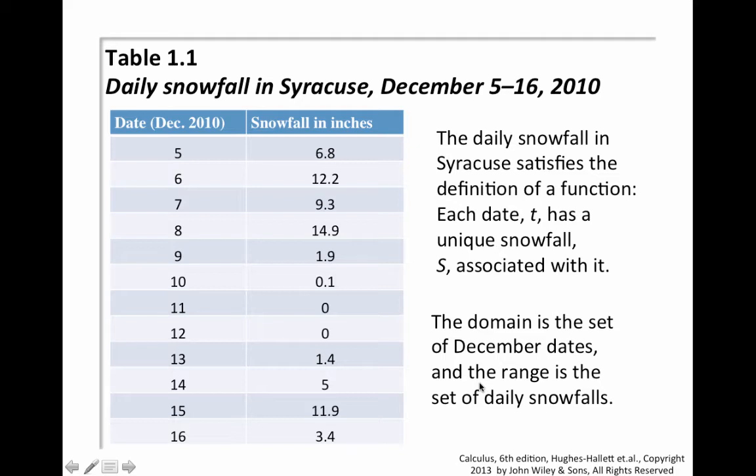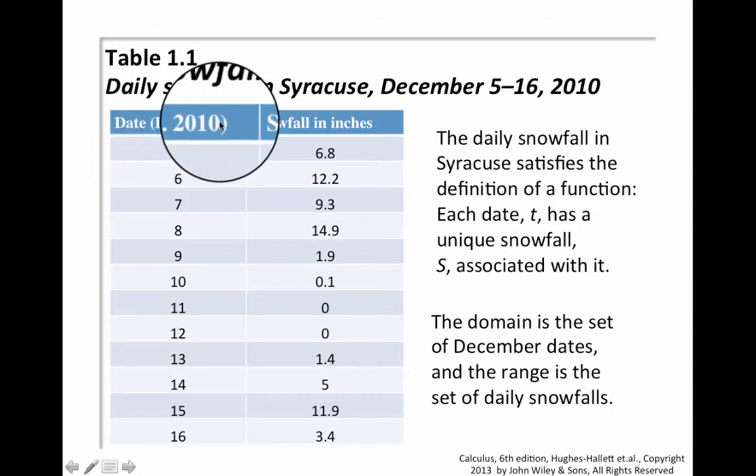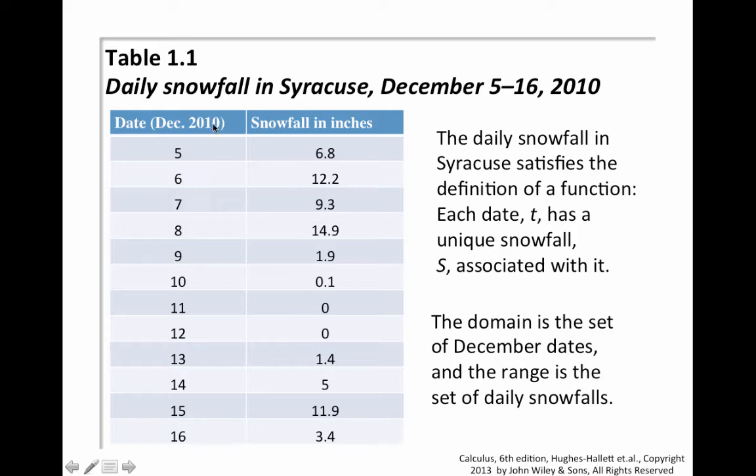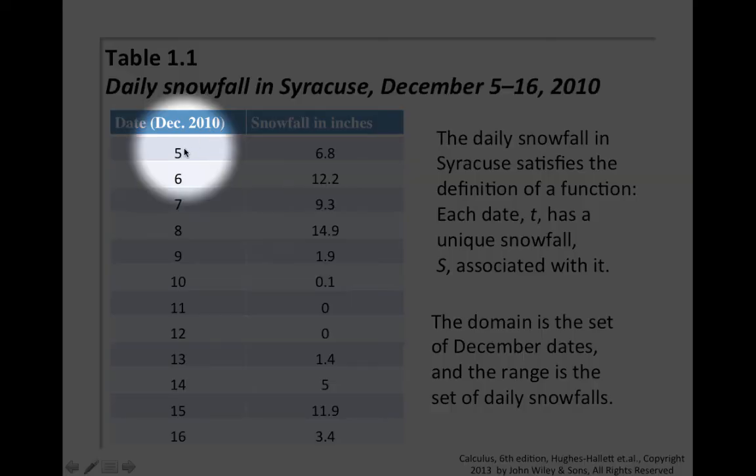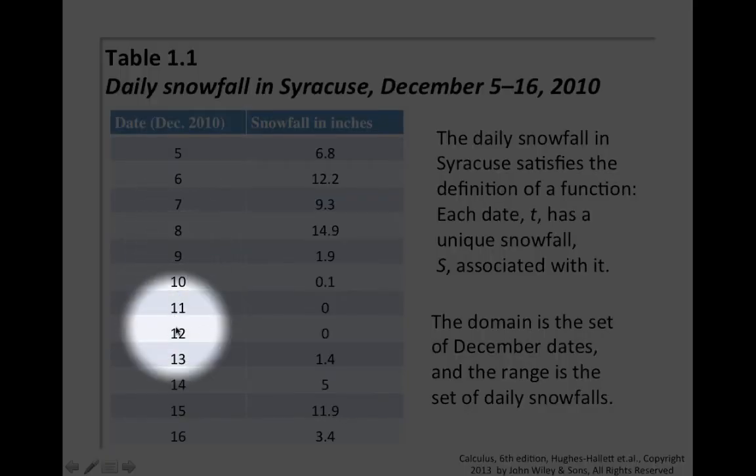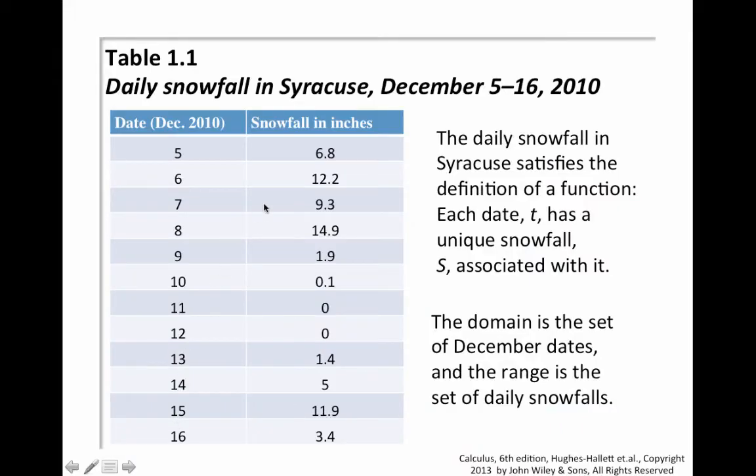Let's move on. Here's an example of a relation. It's also a function. So the input, or the independent variable, is the date in December of 2010. You'll see that the domain here ranges from 5 through 16. The output is the snowfall in inches in Syracuse, New York.